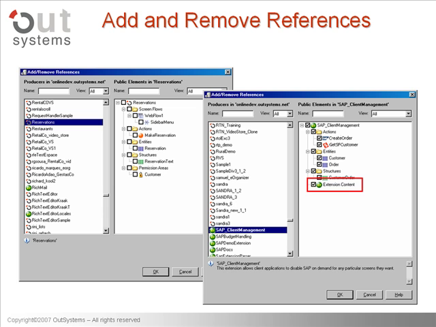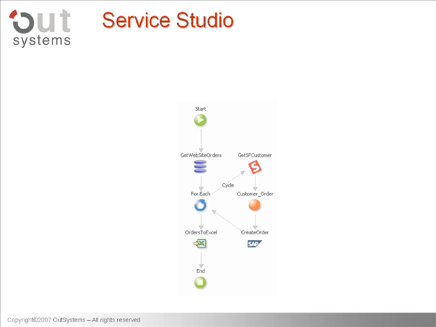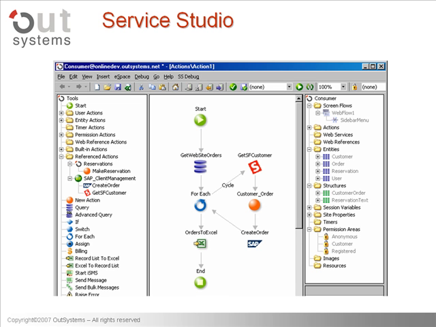Extensions can only expose actions, entities, structures, and resources, while eSpaces can expose web blocks, actions, entities, structures, and permission areas. Afterwards, the actions will appear in the tools tree under the referenced action folder, and you can use them in your actions at will.